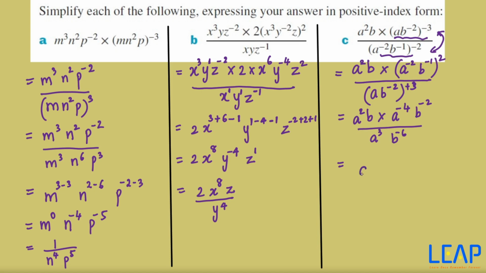Now apply index law for each variable separately. So we have variable a and then b. So let's start with a. You have a 2, so put the 2 here. You have a times in between and then a negative 4. So times is plus. Plus minus becomes minus. So put 4. And then divide becomes a minus. You have a 3, so put the 3. Then go for b.